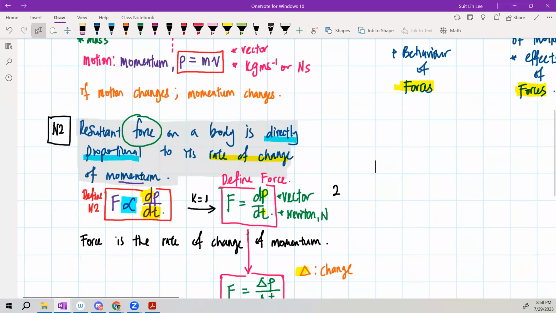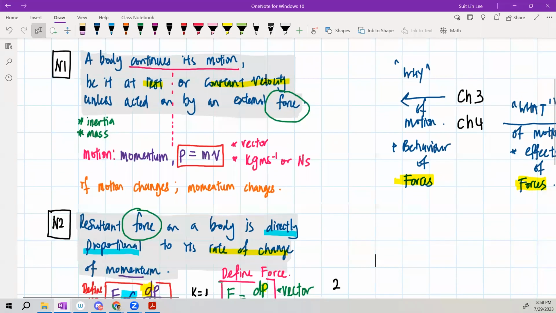So the idea here is, number 1, object won't change momentum. Instead of motion, we start to use the word momentum. Object won't change momentum unless acted on by an external force. First law: momentum doesn't change unless there is an external force. Sounds very familiar, right? Okay.